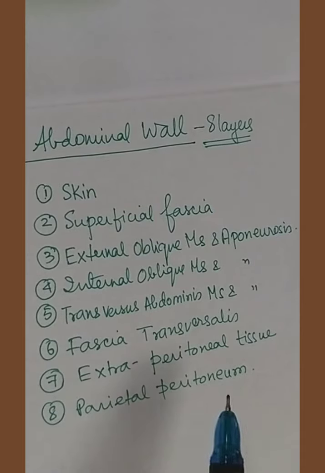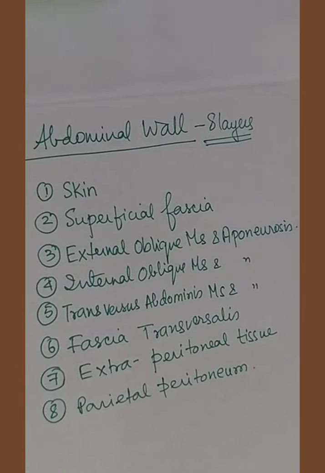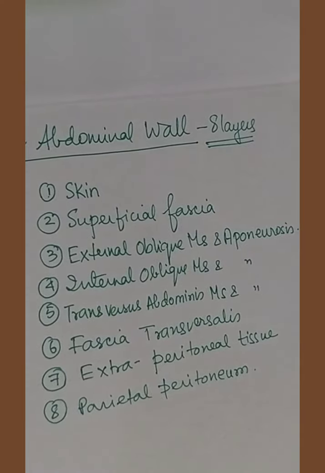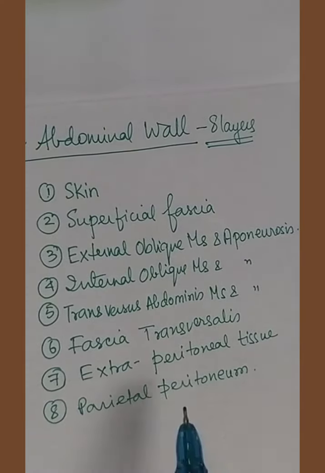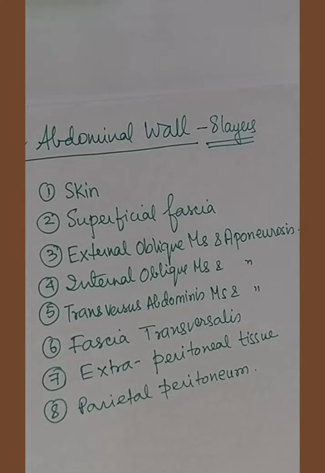Seventh is the extraperitoneal tissue and the eighth layer is the parietal peritoneum. Opposite the linea alba, the layers are reduced to 6 in number. Now, this seventh layer, the extraperitoneal tissue layer, is important because all the abdominal viscera lie in this layer.